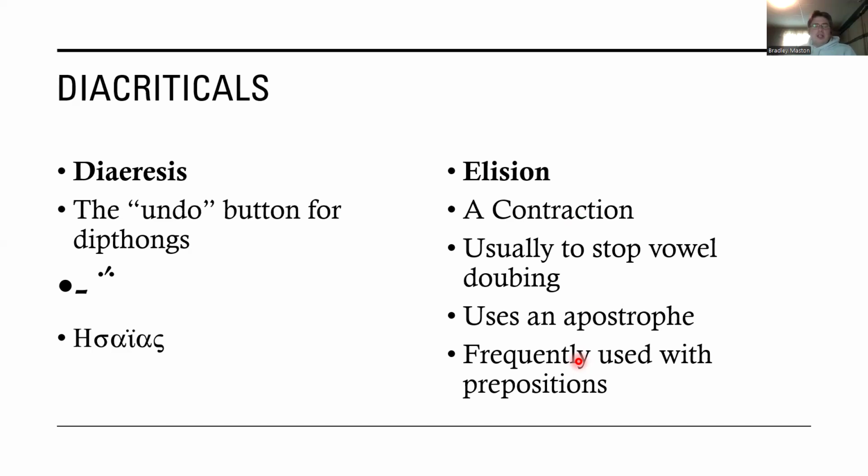We have a dog, but an animal. Why? Well, because we don't like saying a animal. It's weird to have to make that stop. So we put that N in, an animal, anytime that the next word starts with a vowel. It's just a little movable N. That's the difference between a and an.